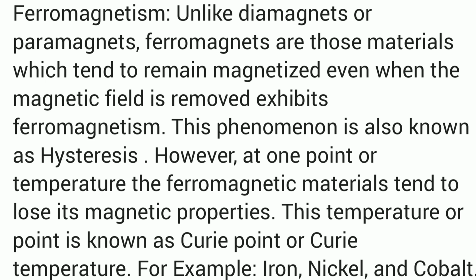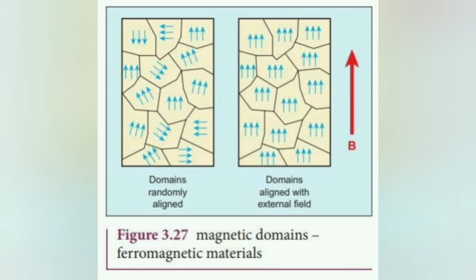Now we can see the phenomenon of ferromagnetism in the coming diagram here. Domains of magnetized atoms in the ferromagnetic materials remain aligned even in the absence of the magnetic field, but they are aligned randomly. This is called the random alignment of the different domains of the ferromagnetic materials.